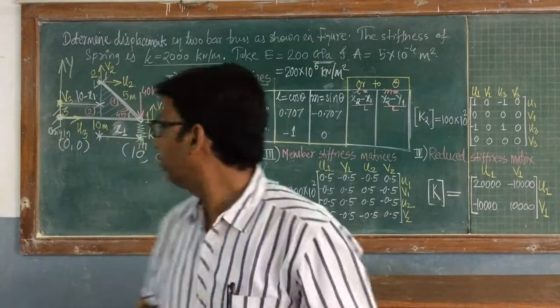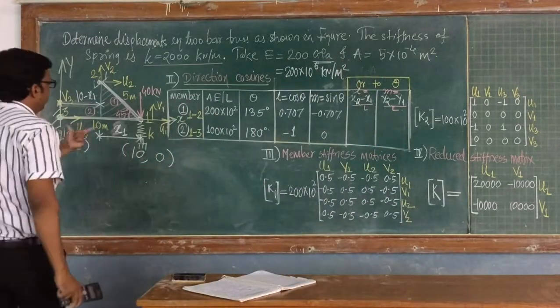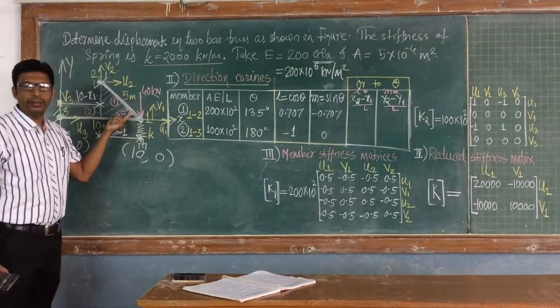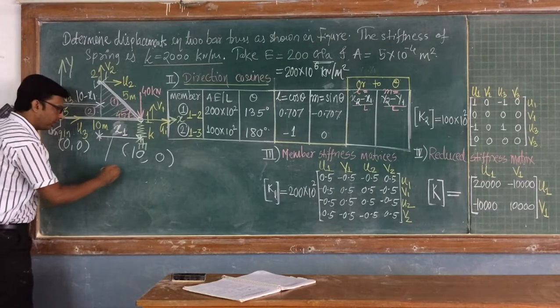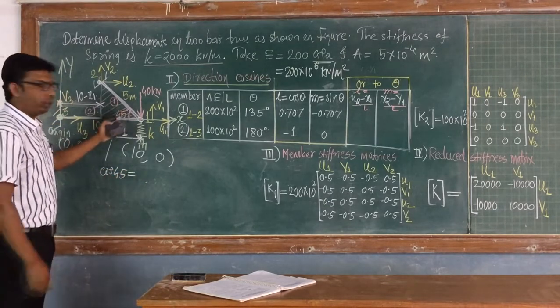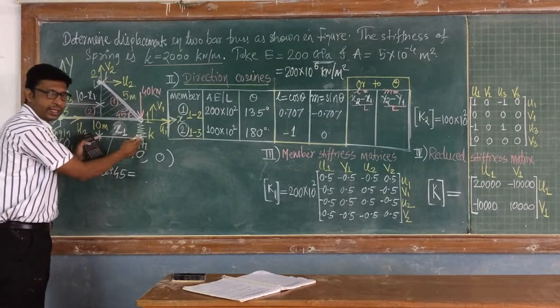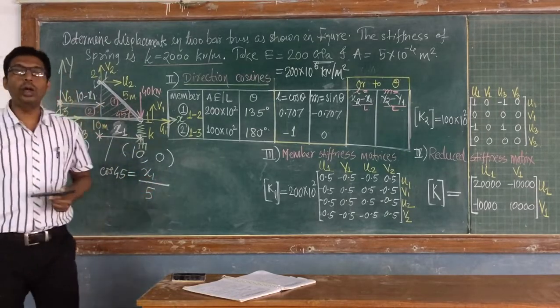Using that triangle, this is the adjacent side, so cos of 45 is equal to adjacent side divided by the diagonal, 5 meter.